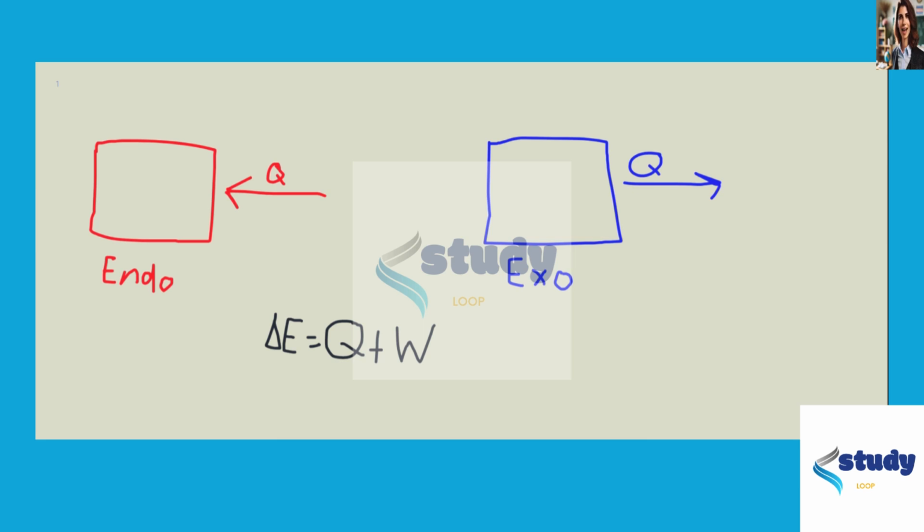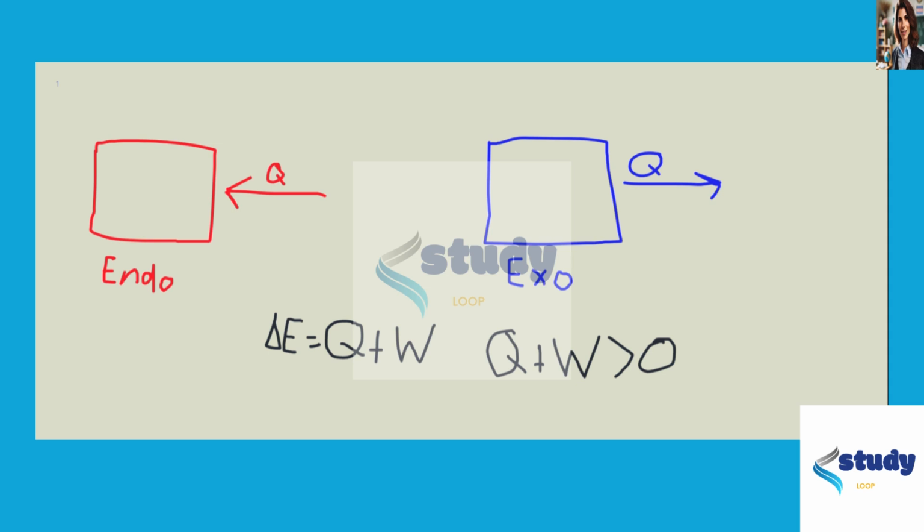So if that's true, you can think of it as Q plus W is going to be greater than 0. So delta E is always going to be greater than 0.